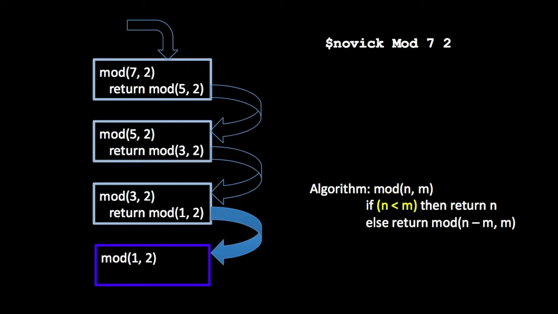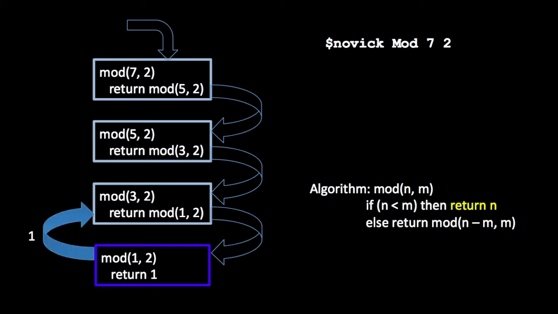This time, when we check to see if n is less than m, well, 1 is less than 2, so we've reached the base case, and it will return 1. So the value goes back from this activation record, this copy of the algorithm, to the copy that called it, and we return the value 1.